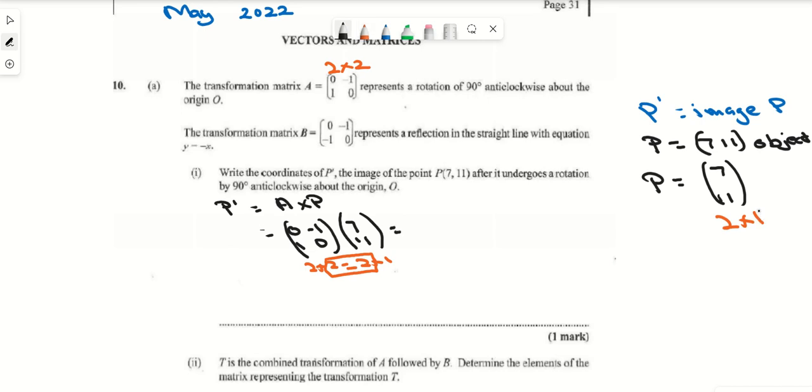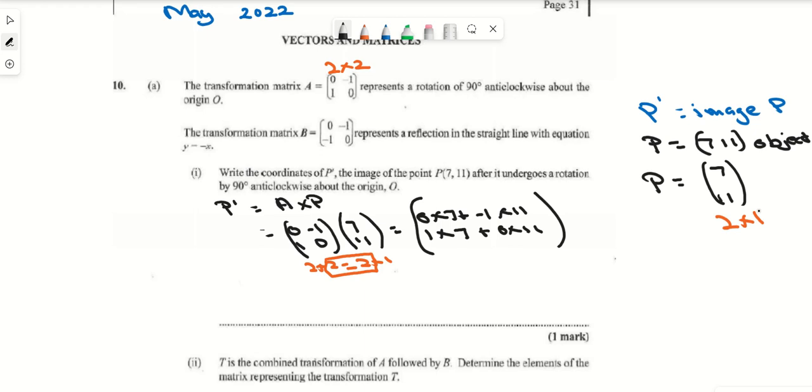So this will be equal to 0 multiplied by 7 plus negative 1 multiplied by 11. So it's row by column, right? And then the second row by the first column, so that's 1 multiplied by 7 plus 0 multiplied by 11, right?